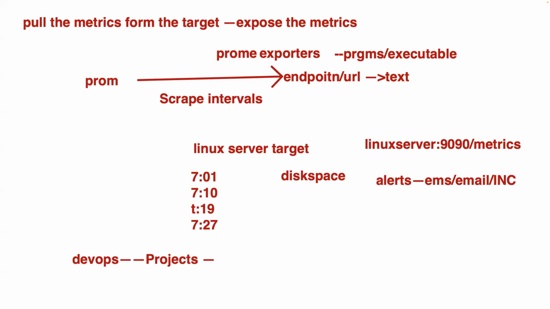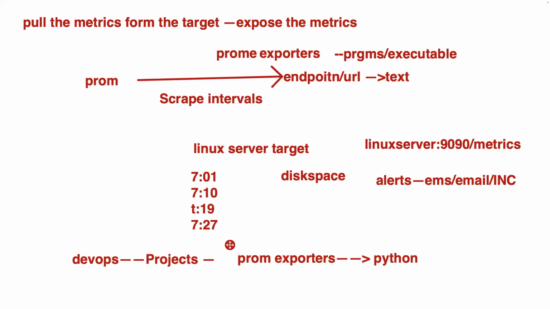Here, this DevOps team is not creating alerts and all, but the main focus is to develop and deploy Prometheus exporters. Prometheus exporters, like I told you, are programs. Yes, we have our own exporters also. They can be written in Python.